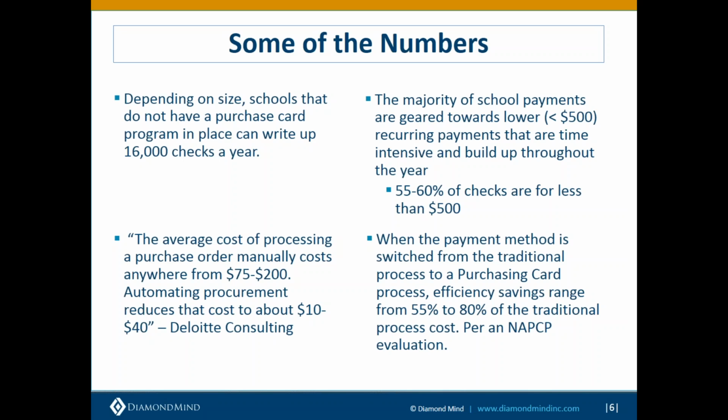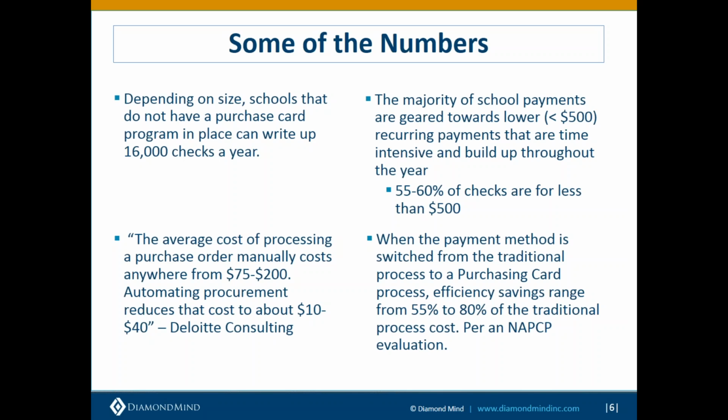The average cost of processing a purchase order manually costs anywhere between $75 and $200, and automating that procurement process reduces that cost to about $10 to $40. And again, this is coming back specifically to the time from when it starts with needing to purchase something until that reconciliation process is complete, the number of employees involved, and the hours that go into that.